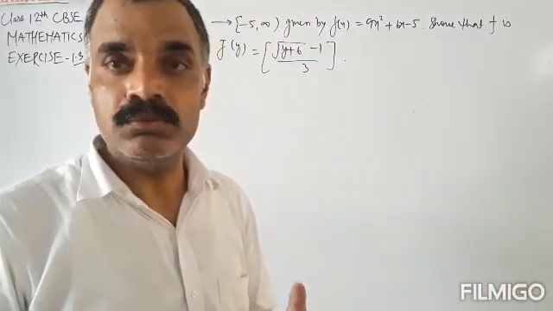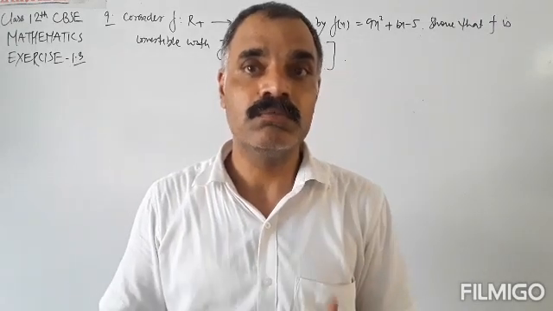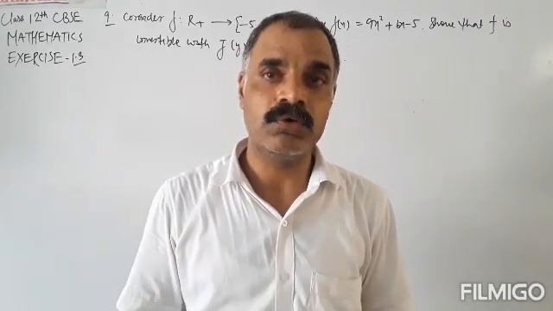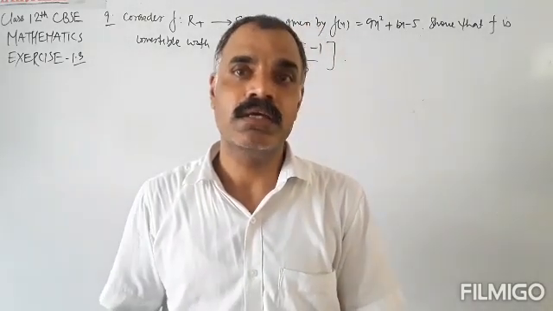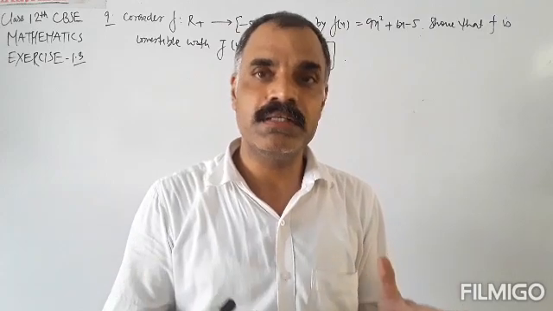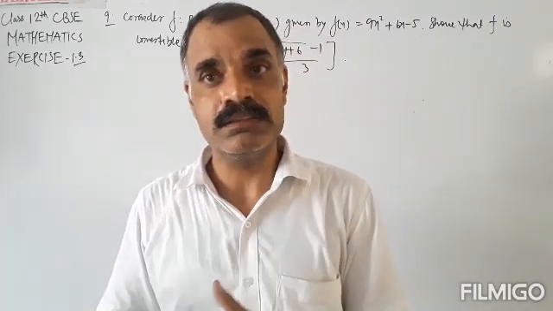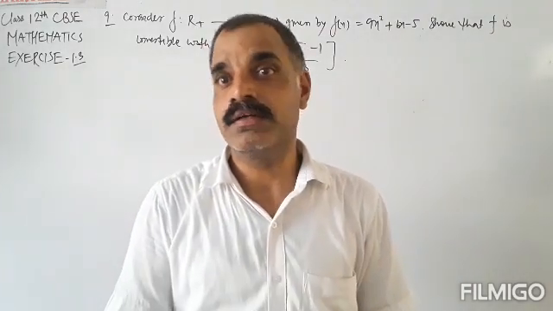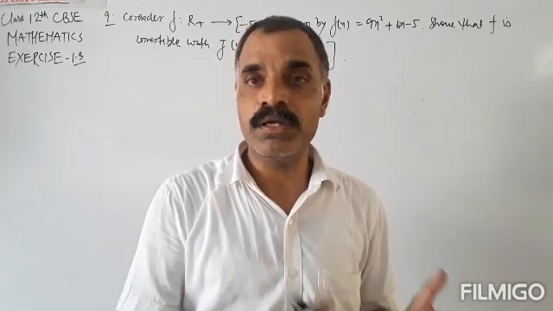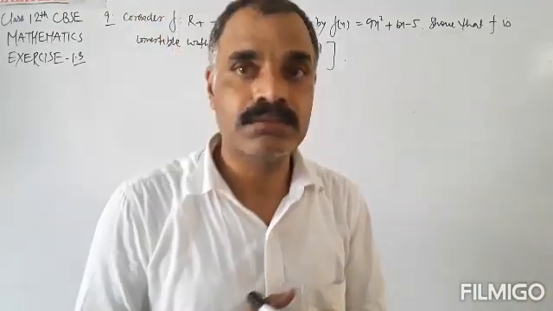The definition of invertibility says that a function f is invertible if there is another function g such that fog equals gof equals identity function. So we will show here that fog equals gof equals identity function.